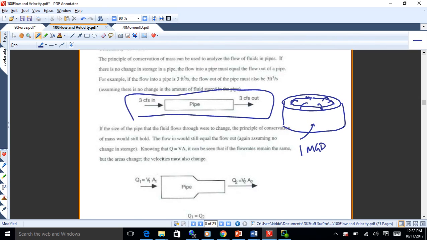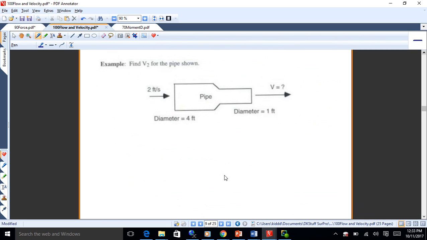All right, now you can start messing with the velocity and changing it if you change the areas of the pipe, because what you're going to know here for a pipe is that the flow coming in, if the pipe's full, which they generally are, is going to be the flow going out. So if you know that the flow in is the flow out, you can start to look at velocities and areas and what those relationships would be.